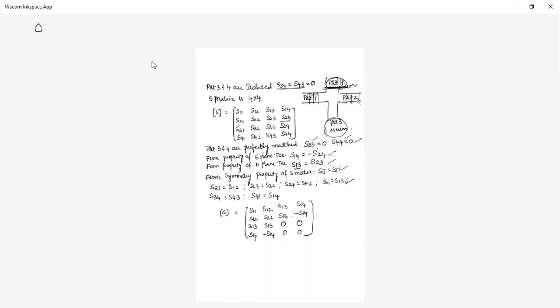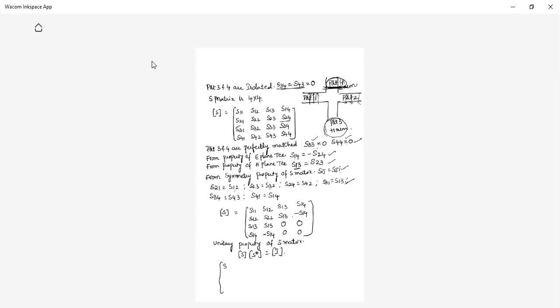Okay. Now I'll apply the next property. By using the unitary property of S matrix, what can I write? S into S conjugate is equal to I. So what is my S?